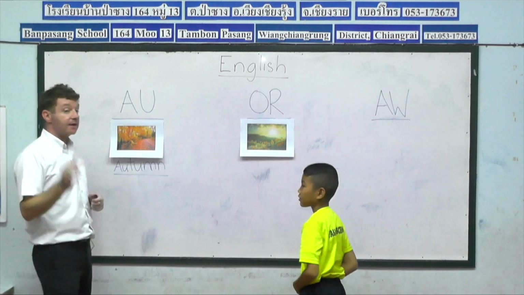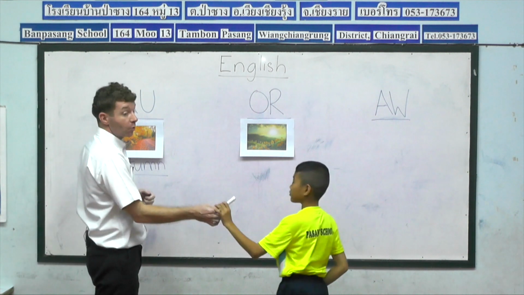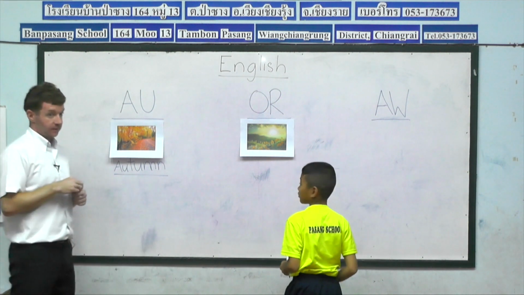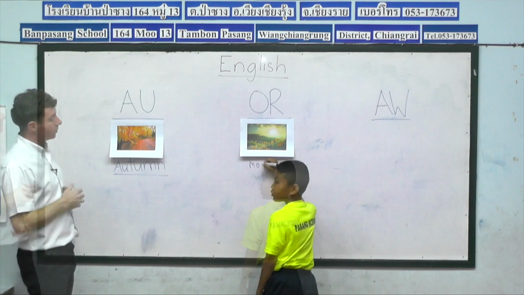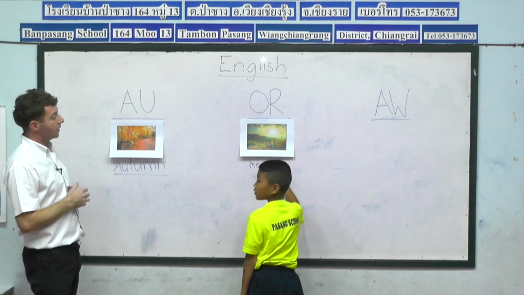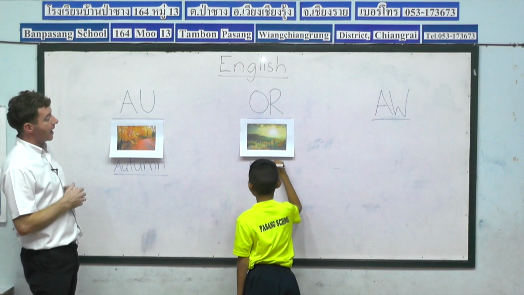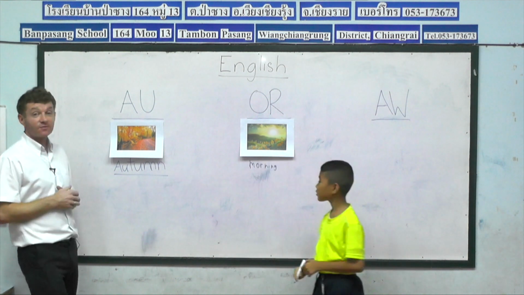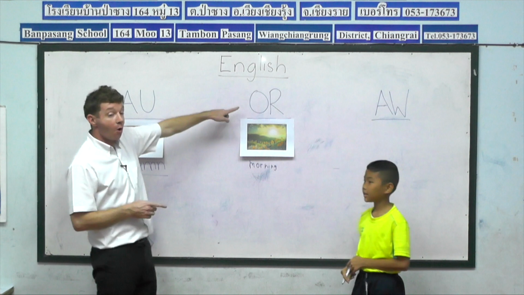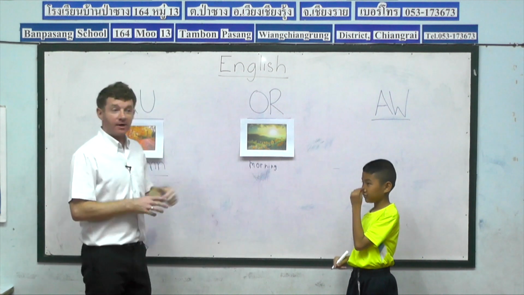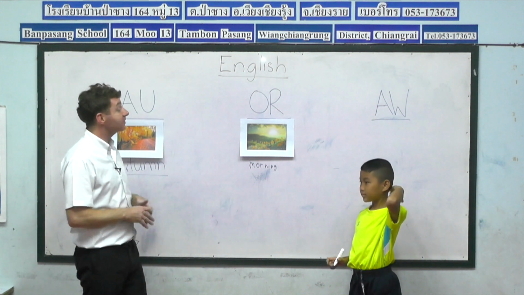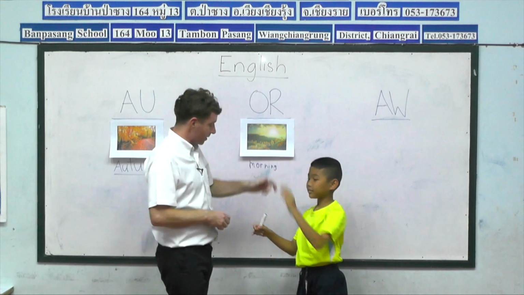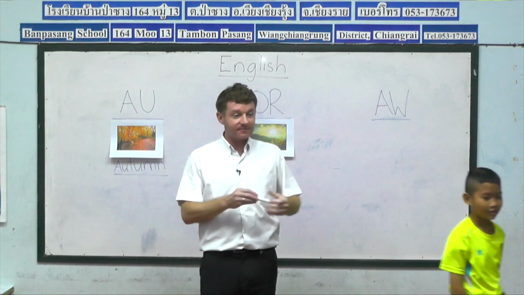So now we can help Pangpon to spell the word morning. M-O-R-N-I-N-G. Excellent. So all together, guys, or, morning. Bang on, that was excellent. High five and a big round of applause for Pangpon, please, guys.